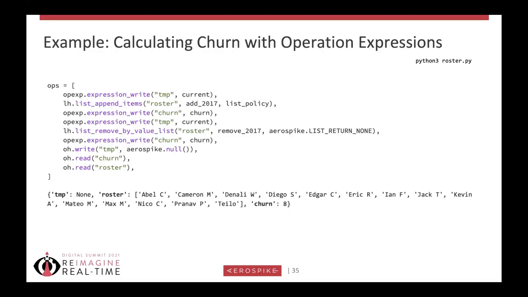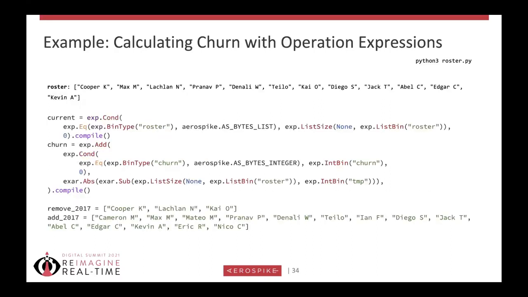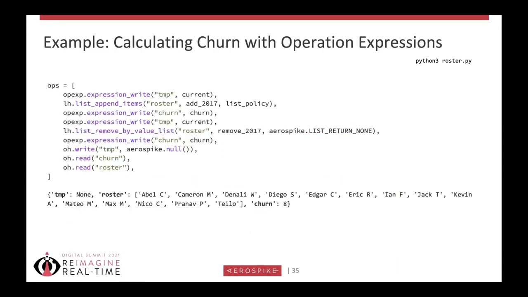So the first thing we're going to do is call the expression, sorry, the operation expression called current, which, let's go back and look. It finds what is the size of the roster, if it exists, and writes it into a temporary bin called temp.